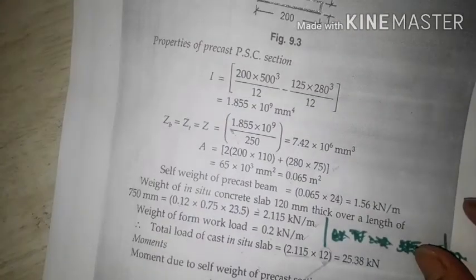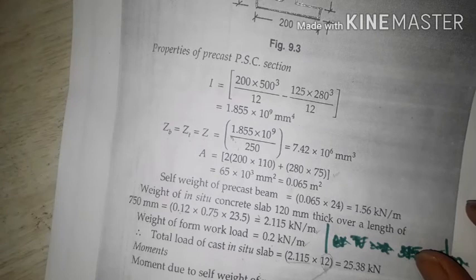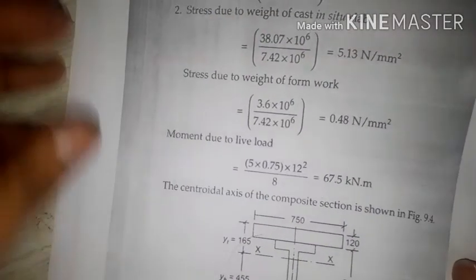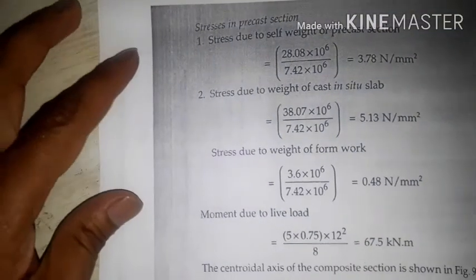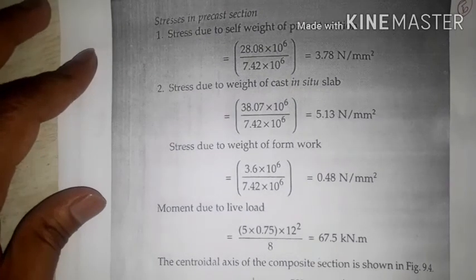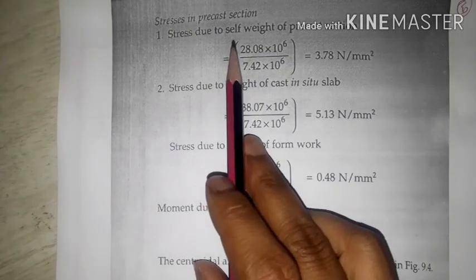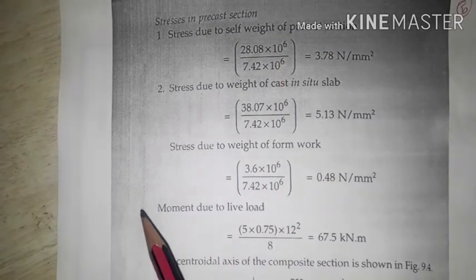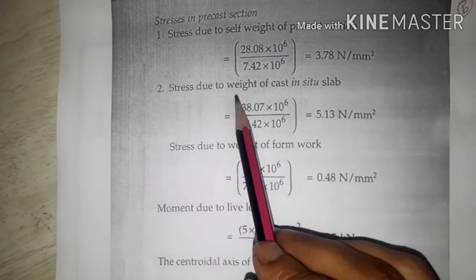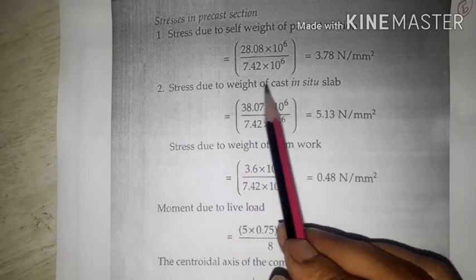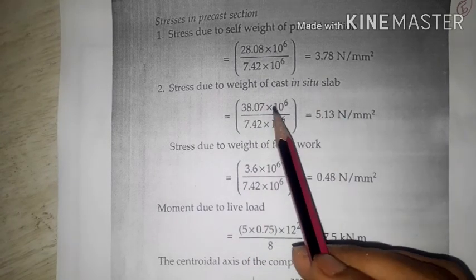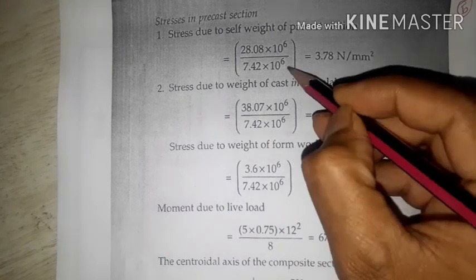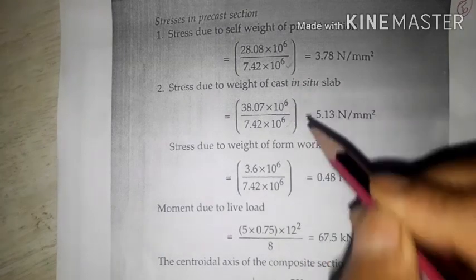So after that, next we have to find out the stress due to self-weight of precast section, that is M by Z, and the stress due to weight of cast in situ slab, again M by Z. This is the value of Z, M we already calculated.